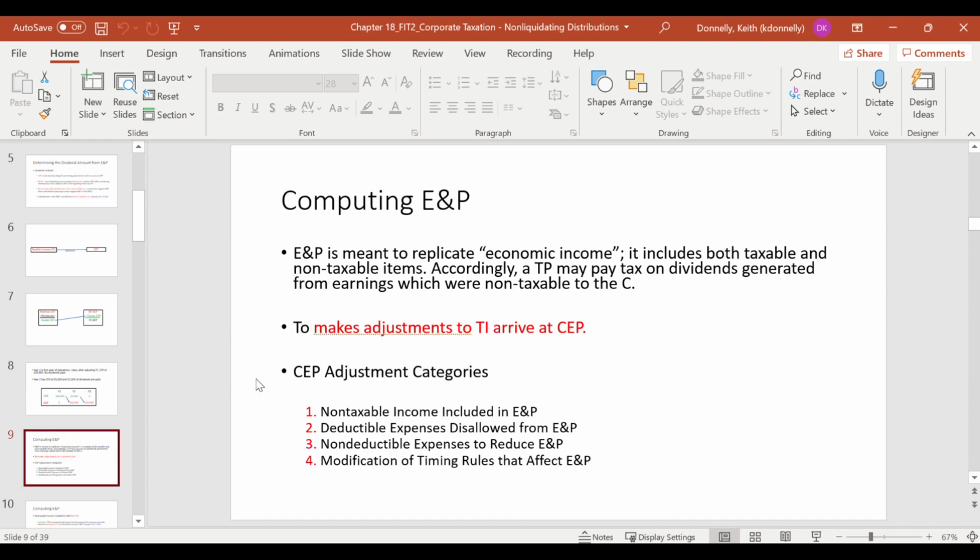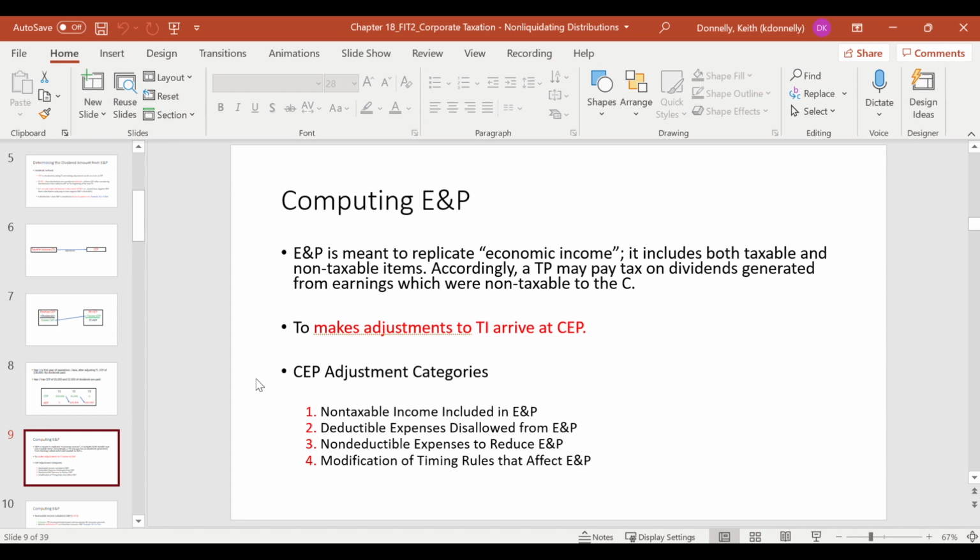So we talked at a high level about what earnings and profits is. We said we care about it because it helps us determine whether a distribution is considered a dividend or not. We also said that from a flow level, you have to calculate your current earnings and profits. So you have to go from taxable income to current earnings and profits.